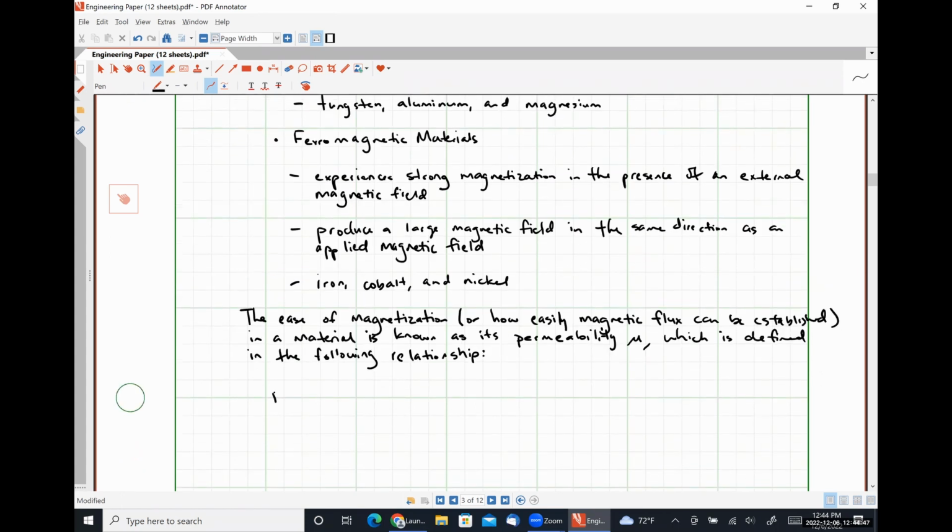So this is going to be equation number 3, and B, our magnetic flux density, will be equal to mu times H, our magnetic field strength. So this is the relationship between B and H, okay?